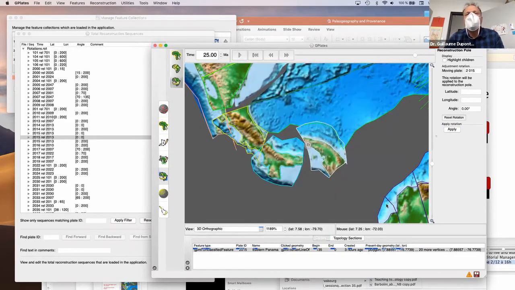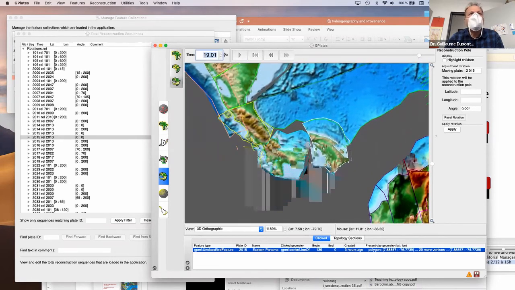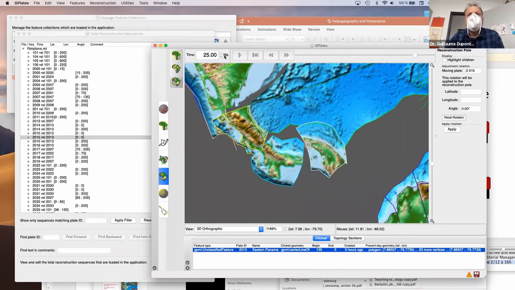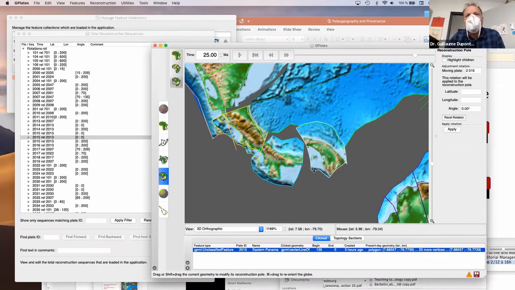Okay, and now you see it's really not well positioned compared to the other block. So what I'm going to do is move the block. I'm at 25. To move it, you go here, you unclick enable block, and then you can move that block the way you want.